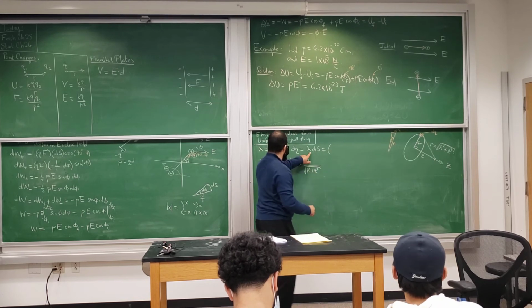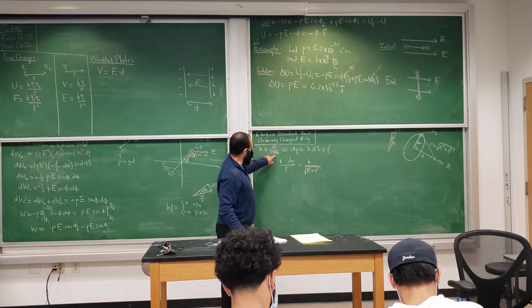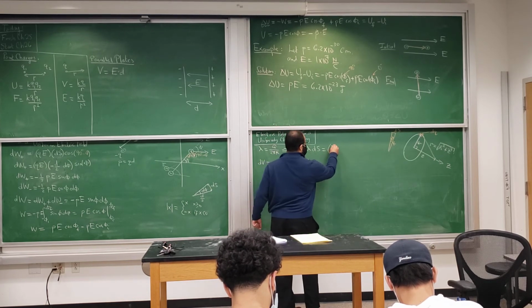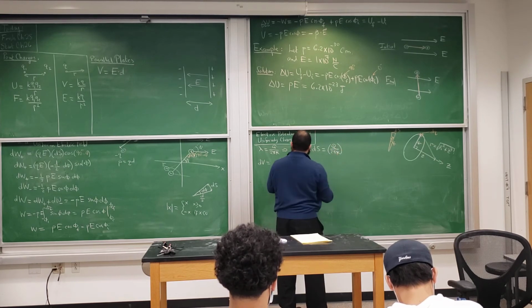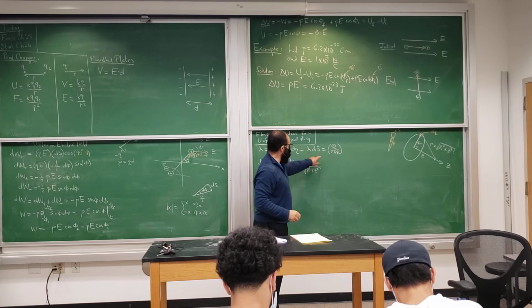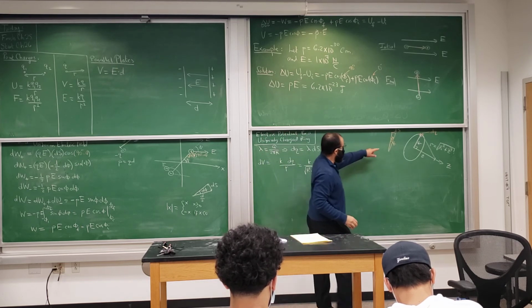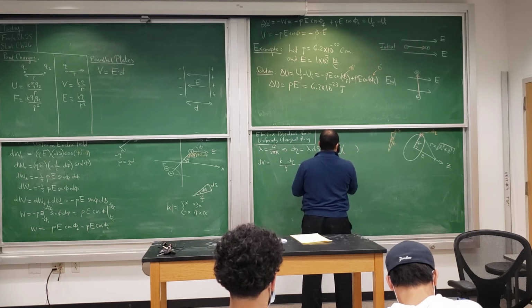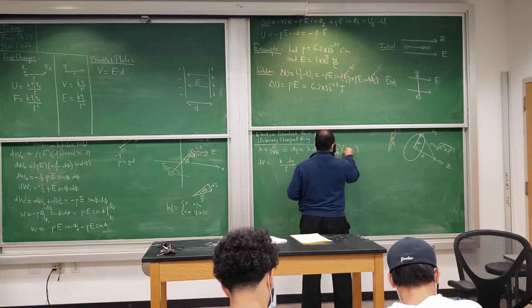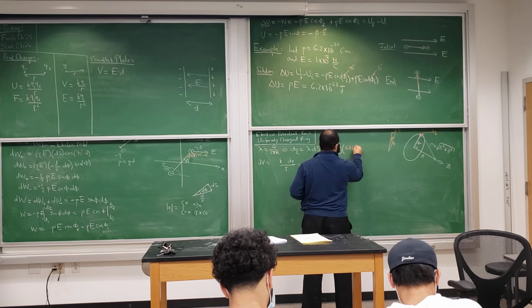But lambda itself is capital Q over 2 pi R. Now ds is R d theta.